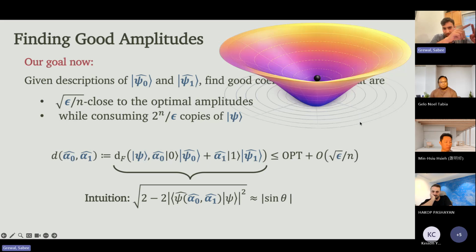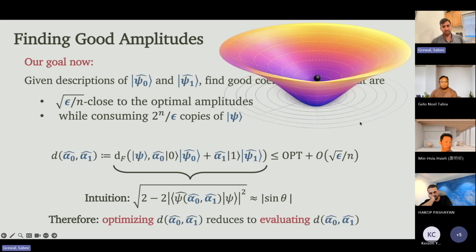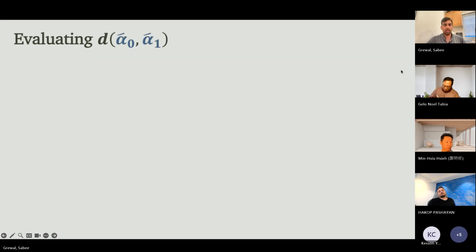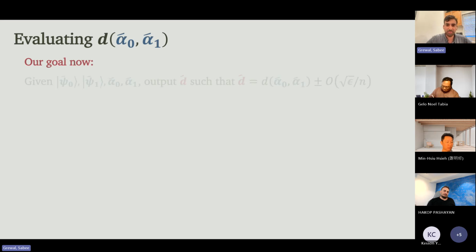If you have some sinusoidal type thing, it's not too hard to find the minima by just evaluating at a few points. So this problem of optimizing your objective function in these two parameters, we're able to reduce to the problem of evaluating the objective function at several different fixed sets of parameters. So the task now is this evaluation problem.